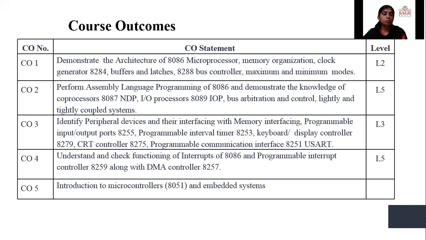Fourth outcome is to understand and check the functioning of interrupts of 8086 and programmable interrupt controller 8259, along with direct memory access controller 8257. And the last course outcome is introduction of microcontrollers 8051 and embedded systems. So these are the 5 main course outcomes based on the syllabus of microprocessor and its applications subject.